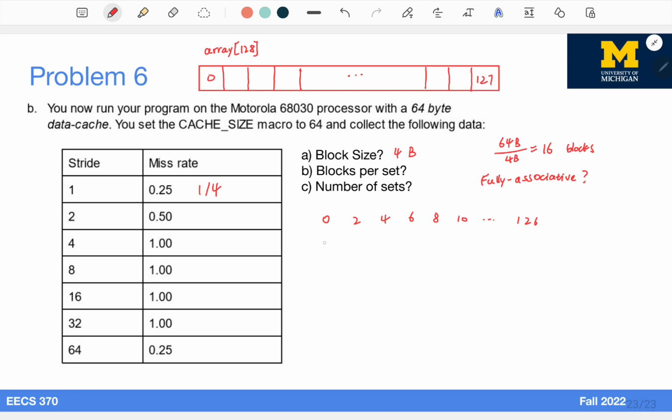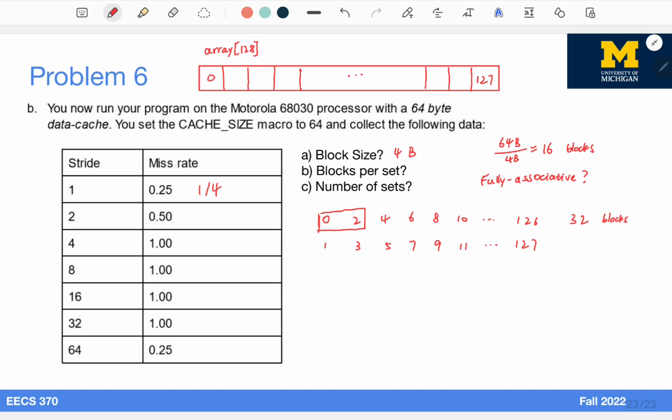And in the second inner loop, we will have 1, 3, 5, 7, 9, 11, until 127. And if we do some mathematics, we will notice that in every inner loop, we will access 32 blocks, because every 2 contiguous accesses are within 1 block.